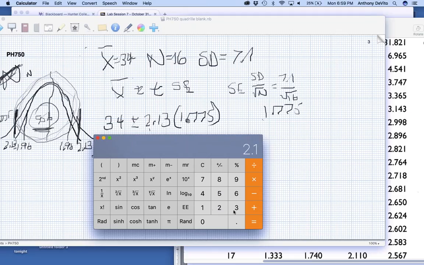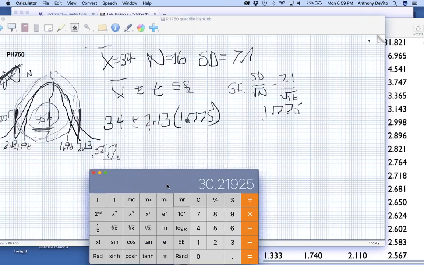2.13 times 1.775. Okay, I'm going to put that into my memory, and I just hit memory clear. Put that into my memory and clear the register. Okay, 34 minus, call my memory. That's going to be 30.2.